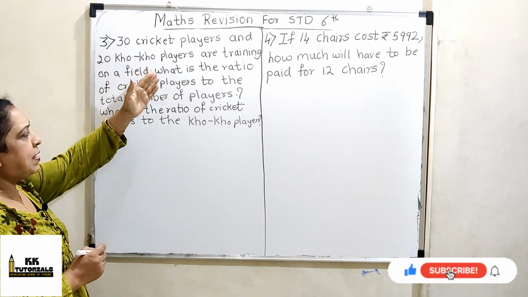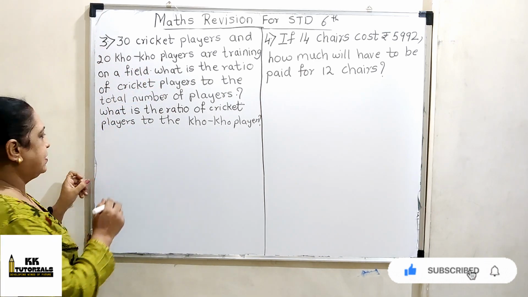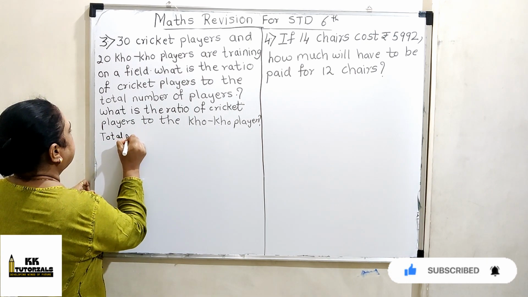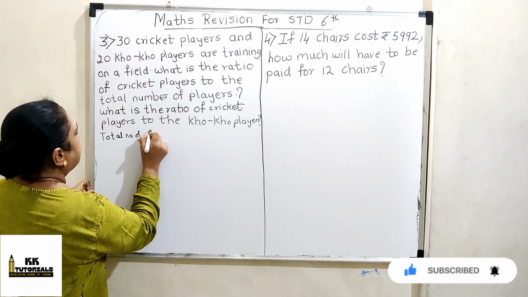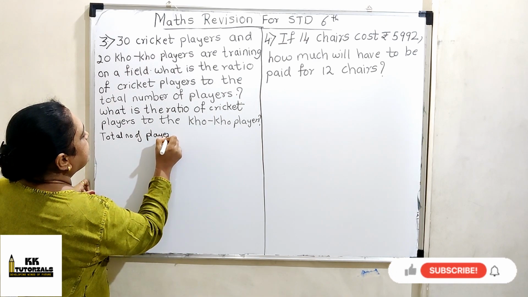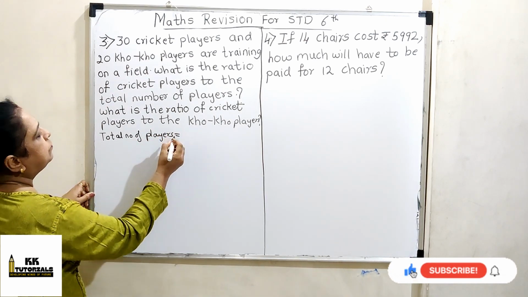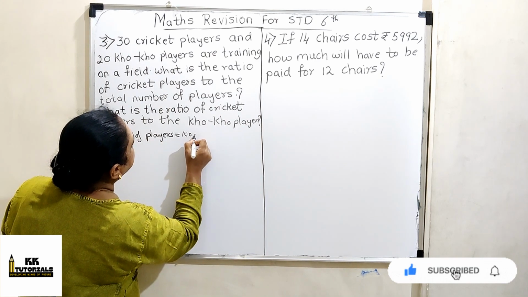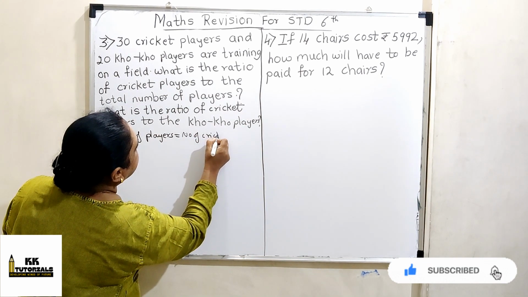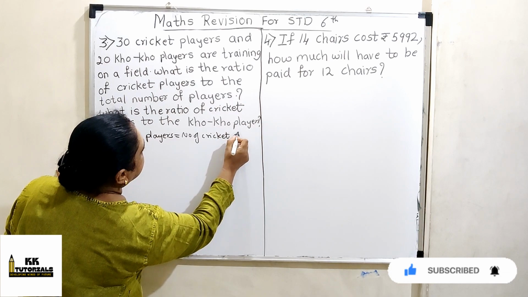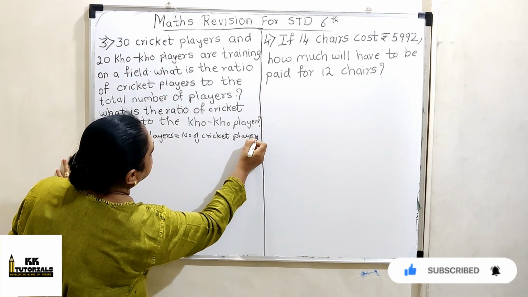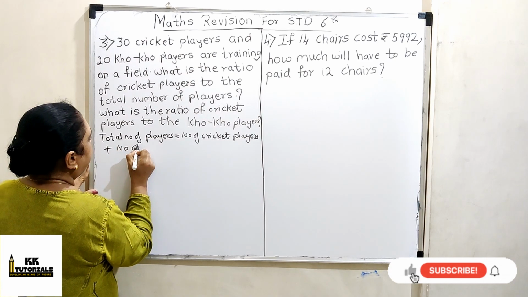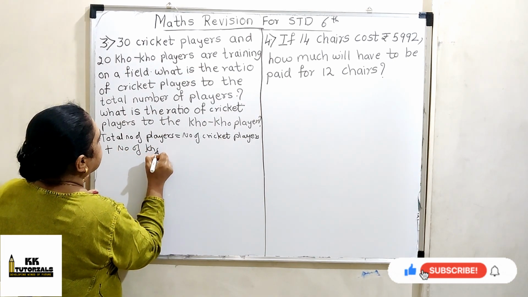You all can write in this manner. Total number of players is equal to number of cricket players plus number of Kho-Kho players.